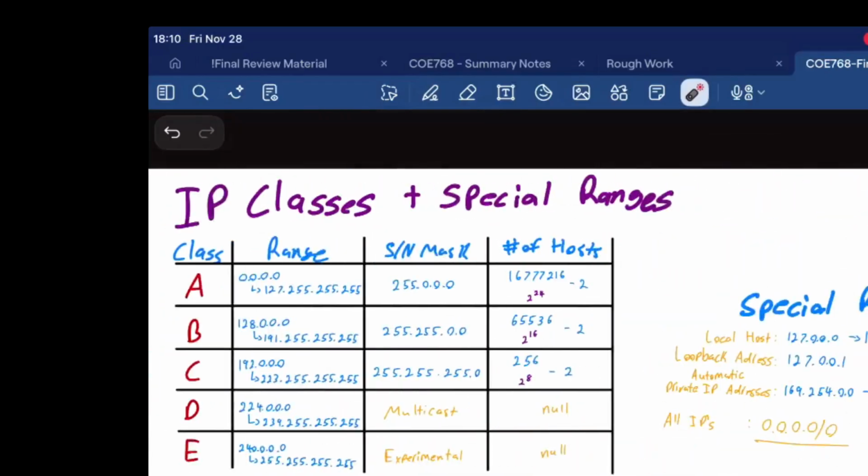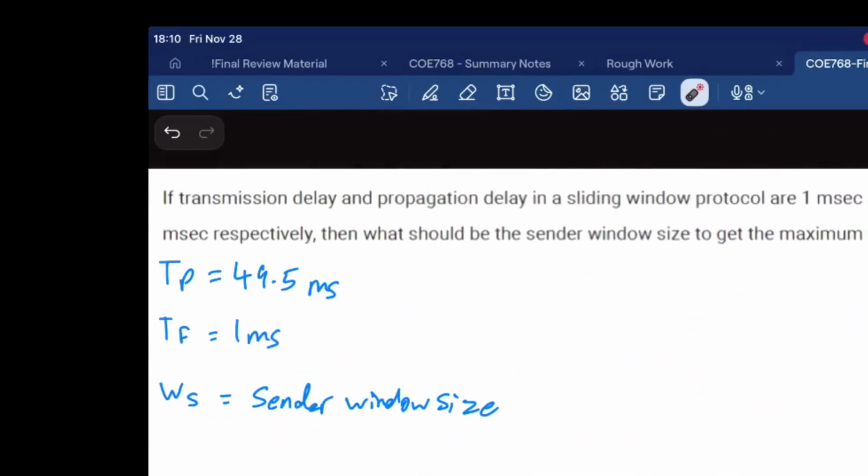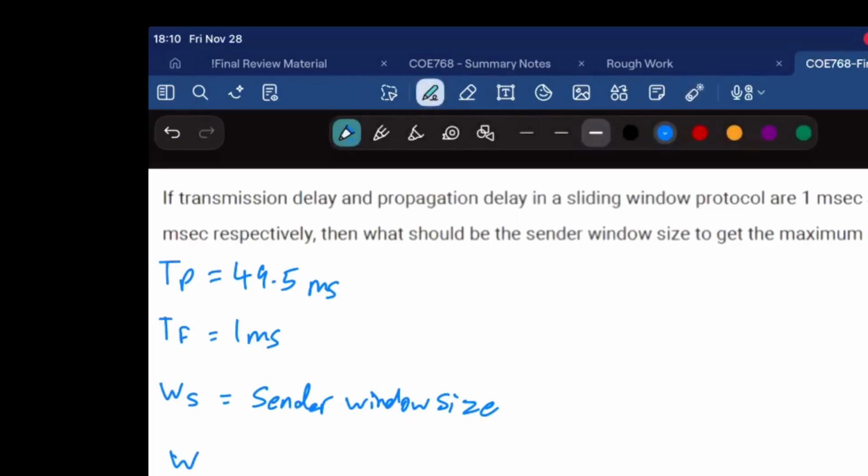Specifically, we'll be looking at that equation, WS over 1 plus 2A. We have to set it to maximum efficiency, therefore we would set this equal to 1, as whatever the minimum would be, we would be choosing the most optimal window size for this transmission.